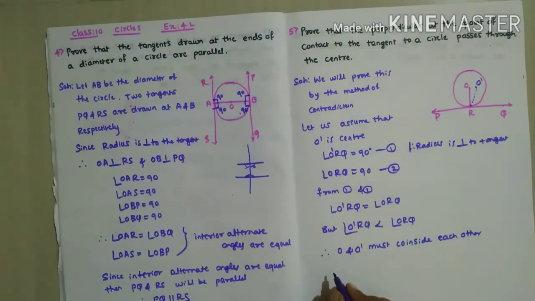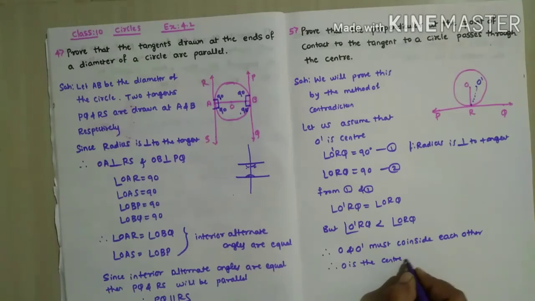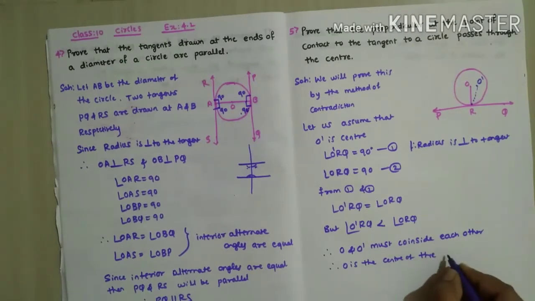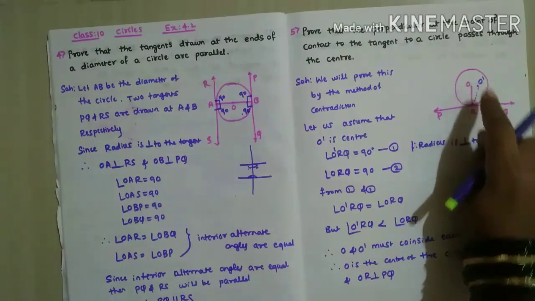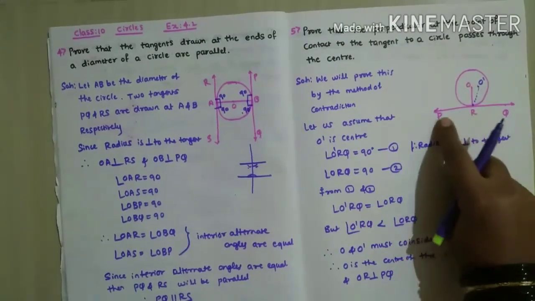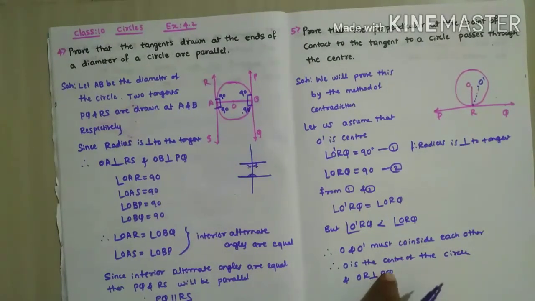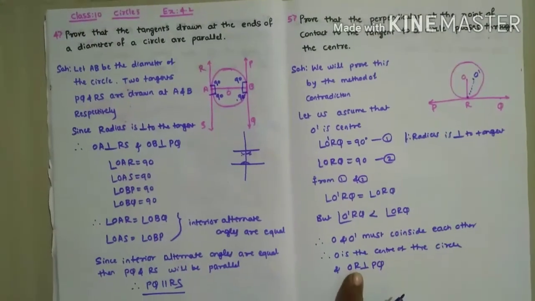Therefore, O is the center of the circle and OR is perpendicular to PQ. If they coincide, O will also come here. So this line will pass through the center of the circle. OR is perpendicular to PQ here. Like this we should prove this result.